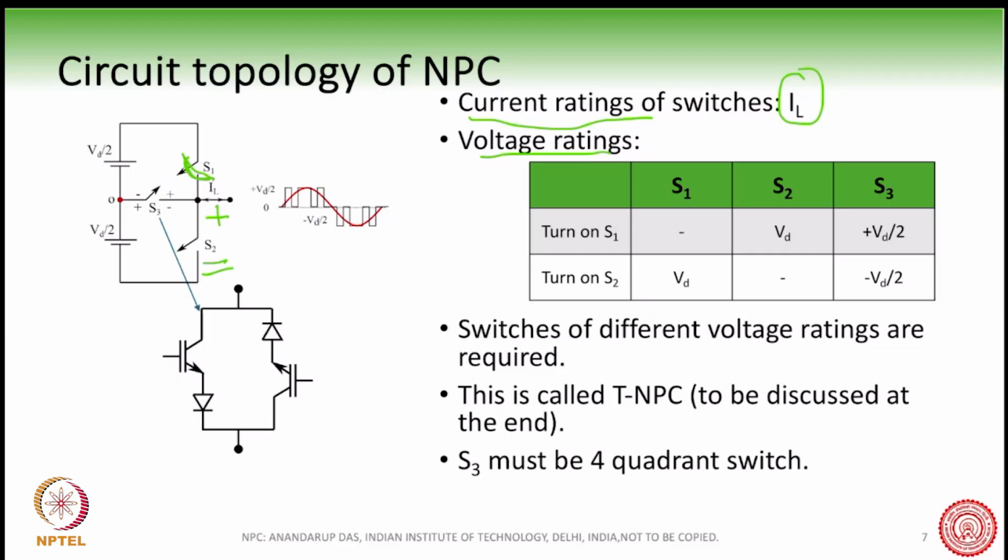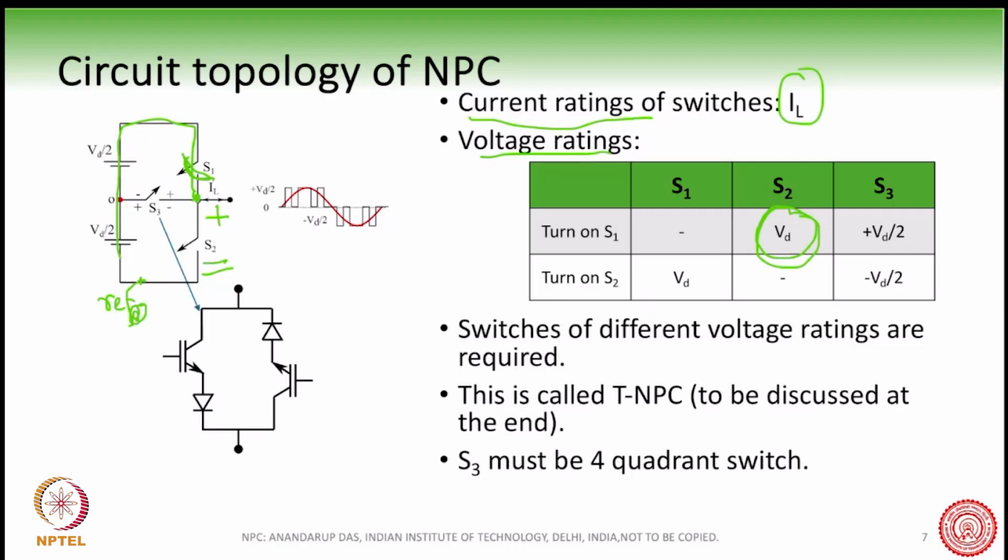So the magnitude of this voltage is equal to VD. Because if this is your reference point, then when this switch is on, this point's voltage is exactly equal to VD. So S2 must be blocking a voltage of magnitude VD. So the voltage rating of S2 must be VD.